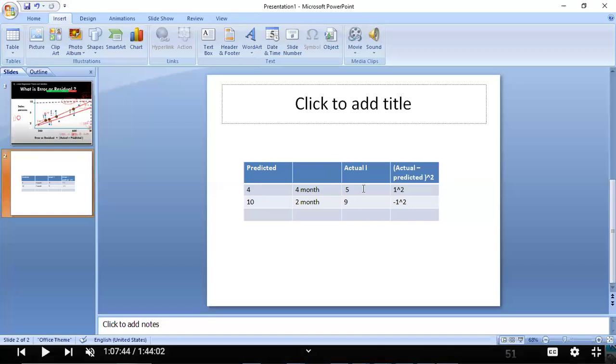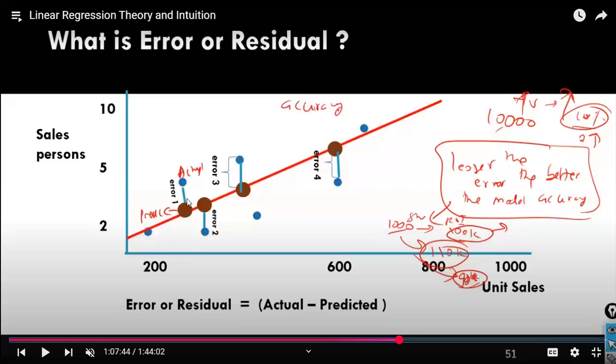The difference between actual and predicted is one squared error. Here there is one data point, but multiple data points are there. This is your error 1 squared, error 2 squared, error 3 squared, error 4 squared. Why are we squaring it? Because we need to add all the errors. When you add all the errors, the plus and minus should not get subtracted.